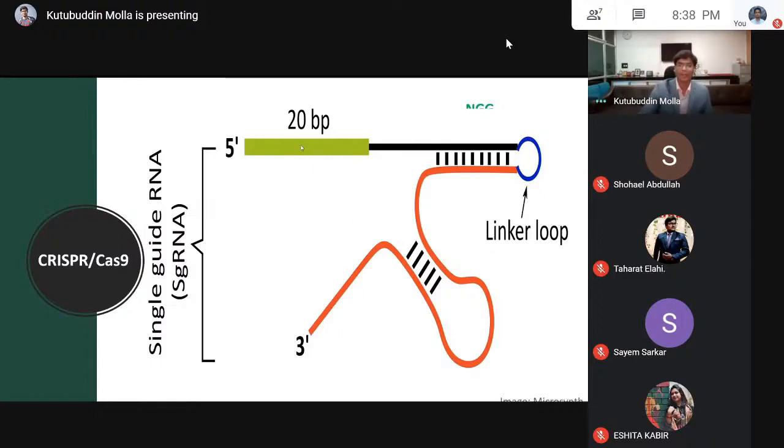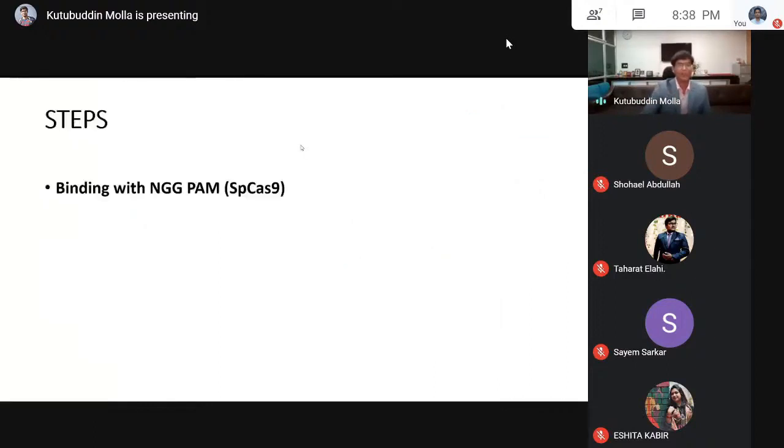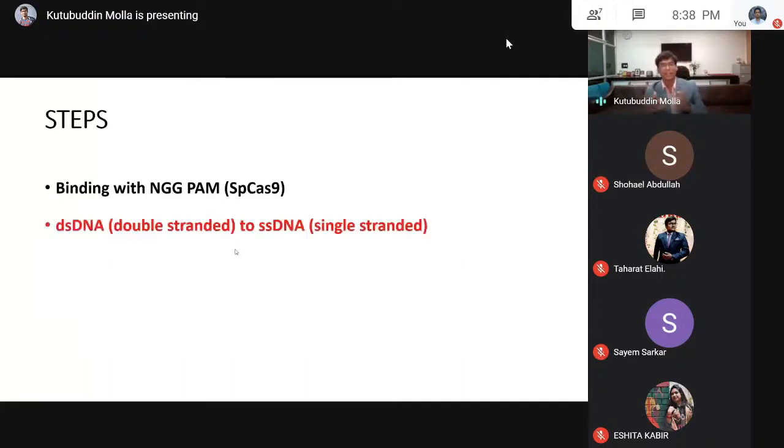Okay. Now, what are the steps to make a double strand break with this Cas9? First, it will search for an NGG PAM sequence. If it has an NGG PAM, then the SP-Cas9 complexed with the single guide RNA will bind to that sequence. Now the next step: this Cas9 has a helicase function also. So it will separate the double-stranded DNA locally to make a loop, to make a single-stranded DNA.